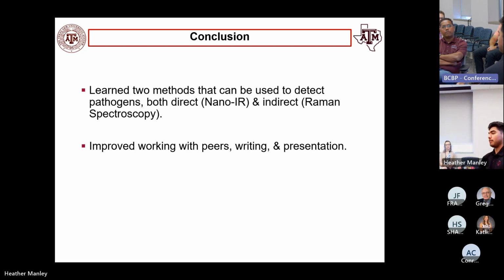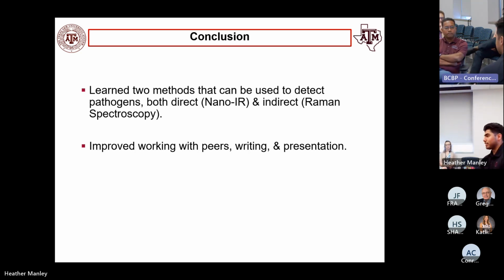So now we can apply the antibodies, or something in relation to this, to target and eventually figure out a way to neutralize these biothreats. And the second part is we can indirectly target and detect these pathogens and biothreats through Raman spectroscopy.